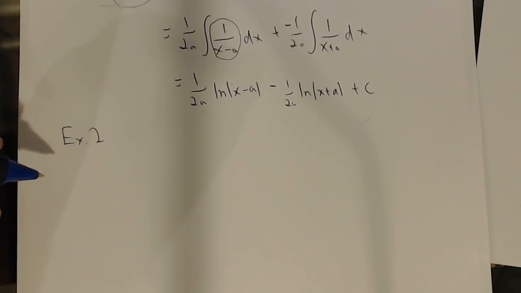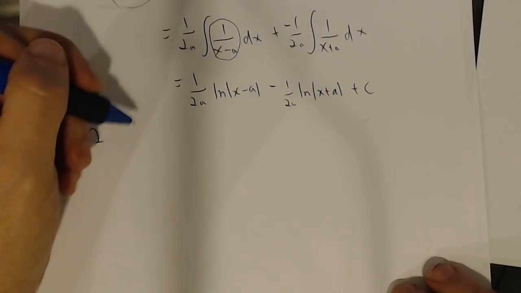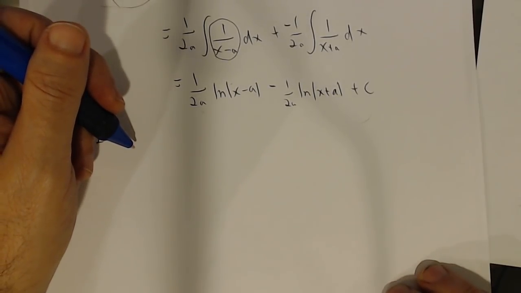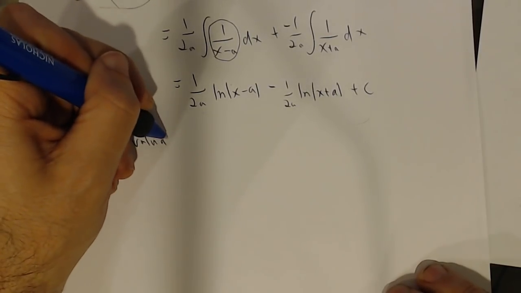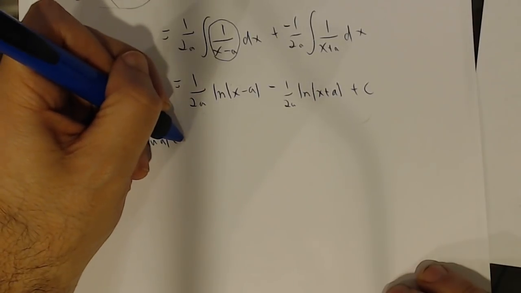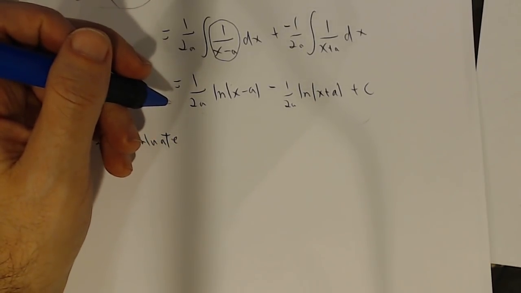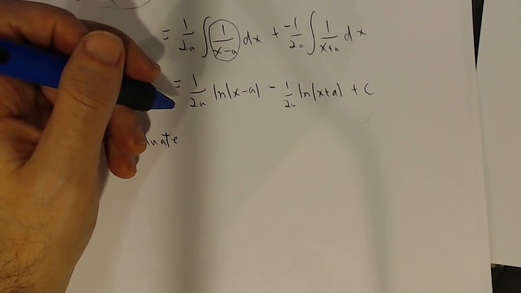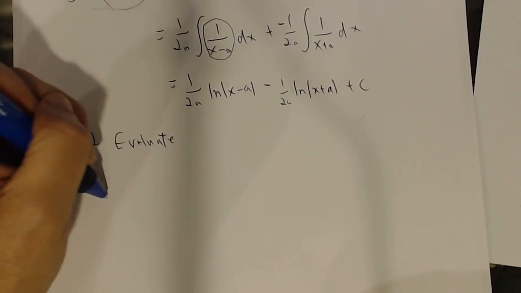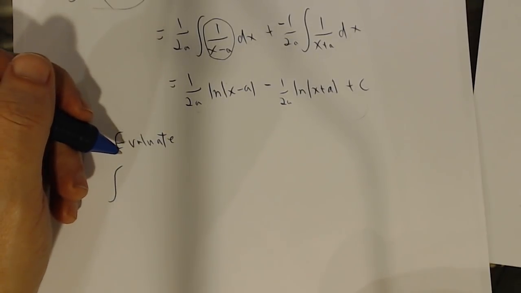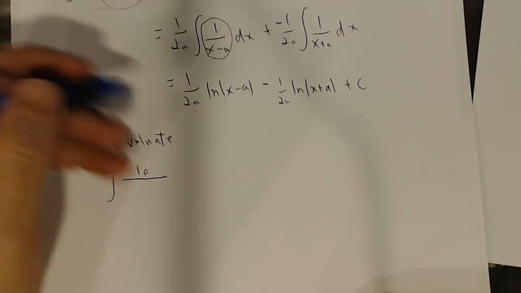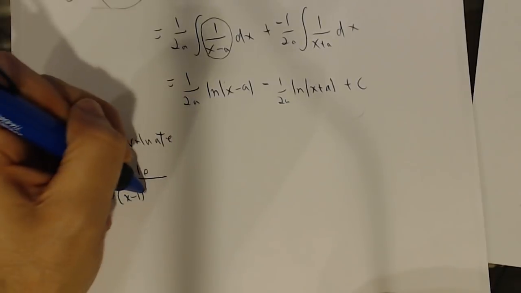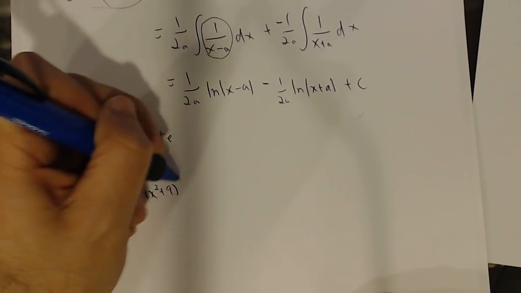Okay, so let me give you one where we'll evaluate the integral of 10 over x minus 1 times x squared plus 9 dx.